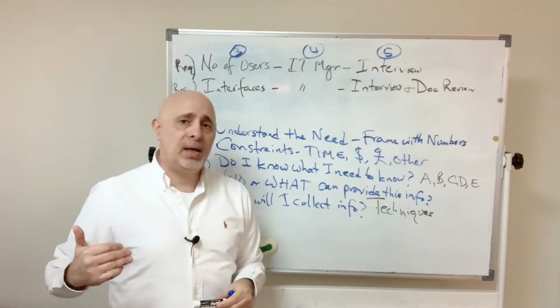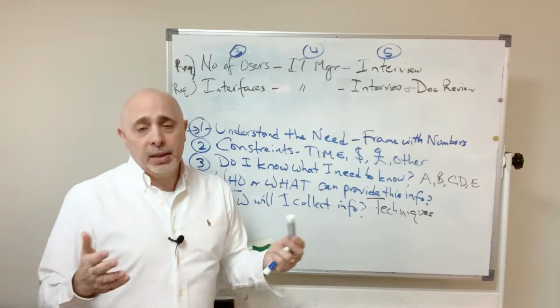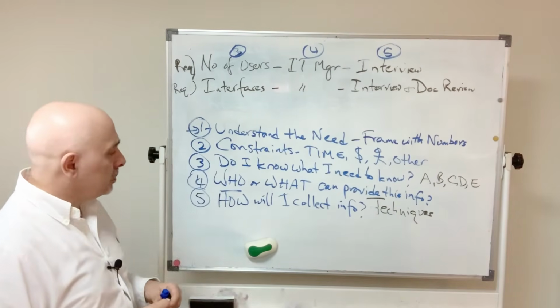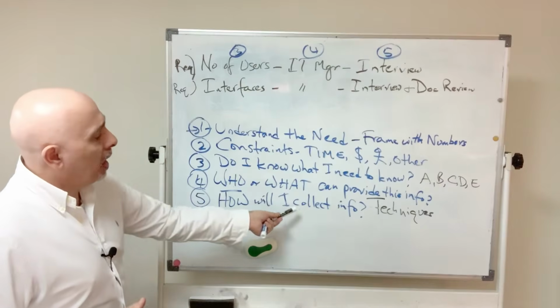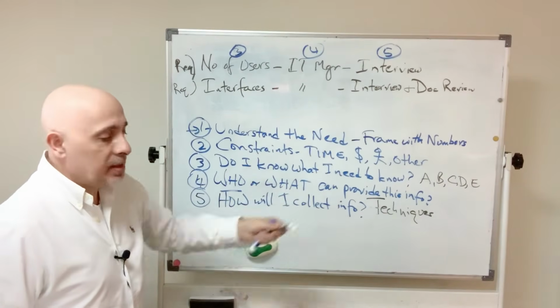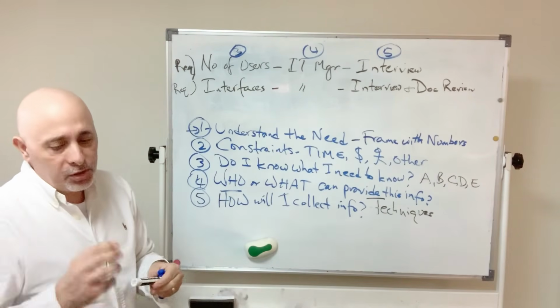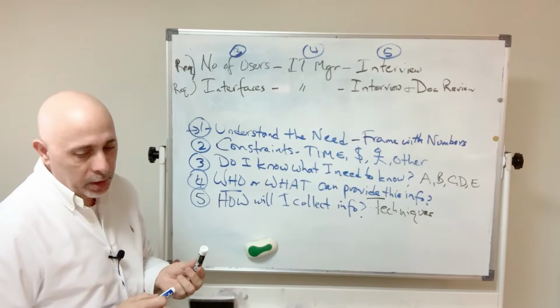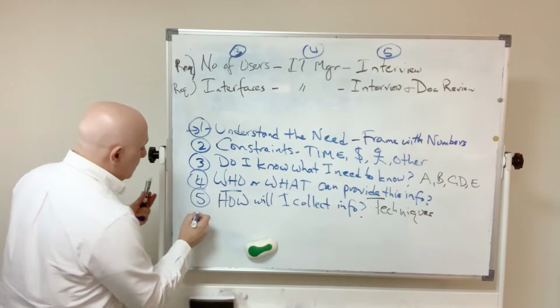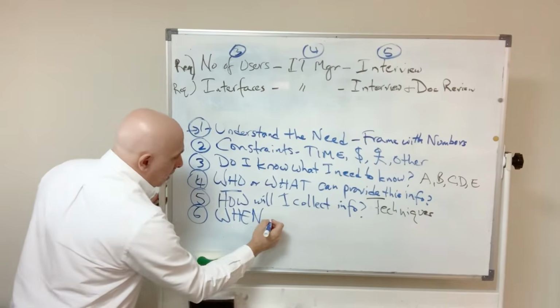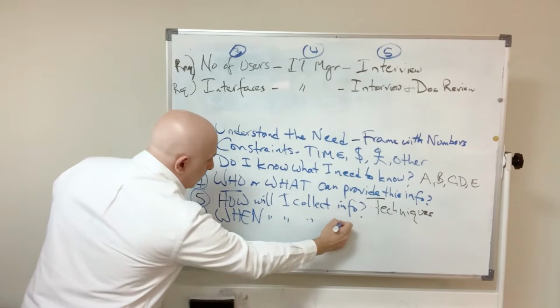If you have a lot more time, then interviews will probably be a good option. All right, so figure out how you're going to collect this information using the techniques, and then once you've figured all the techniques that you want to use, now go to step number 6, which is when will I collect the info?